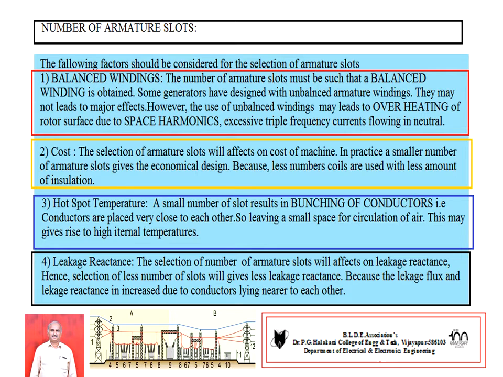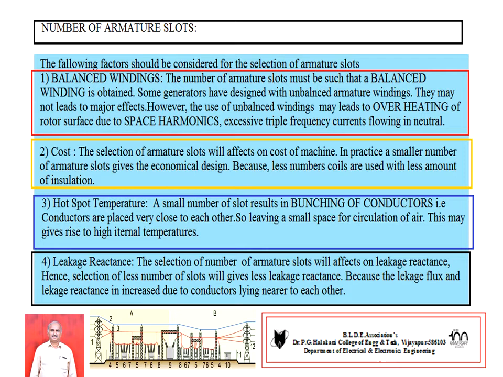So in practice, using a smaller number of armature slots gives an economical design, because if we use fewer slots, the required amount of conductors is also less, then insulation for those conductors is also less. That reduces the requirement of copper and insulation, both. Hence economical design is possible by using a smaller number of armature slots.